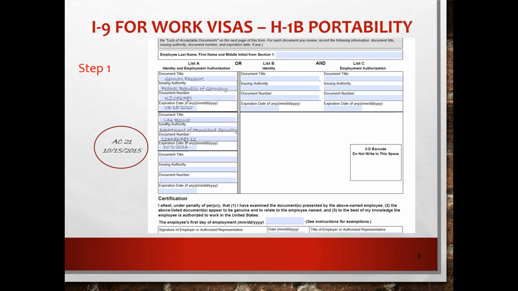Now, there's also something known as H-1B portability, and this is where you, as the employer, actually haven't yet gotten approval for the new I-94 record or work authorization of the employee you're looking to hire. That's because a law called the American Competitiveness in the Twenty-First Century Act, or AC21, was passed, and it gave employers more flexibility for bringing on foreign nationals currently on an H-1B visa.